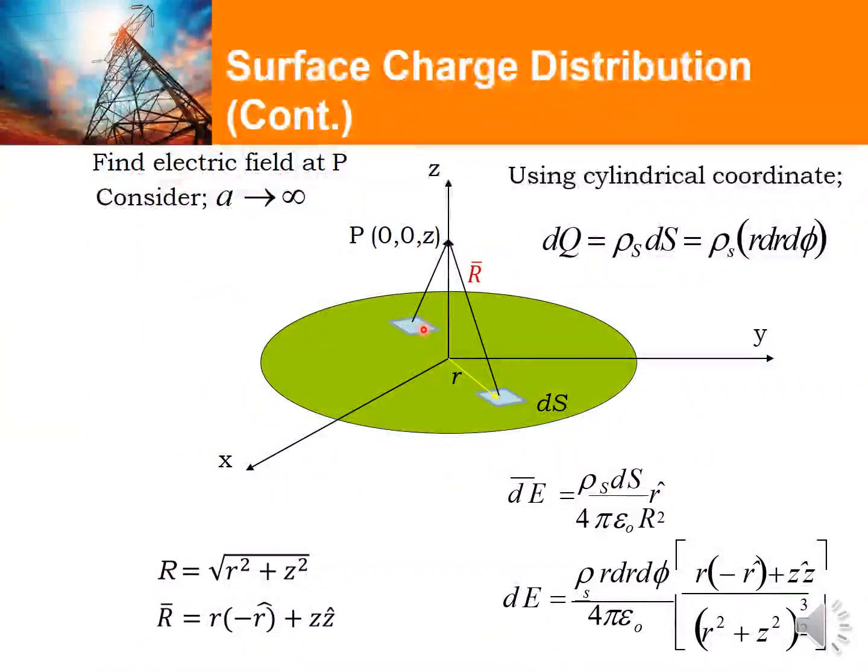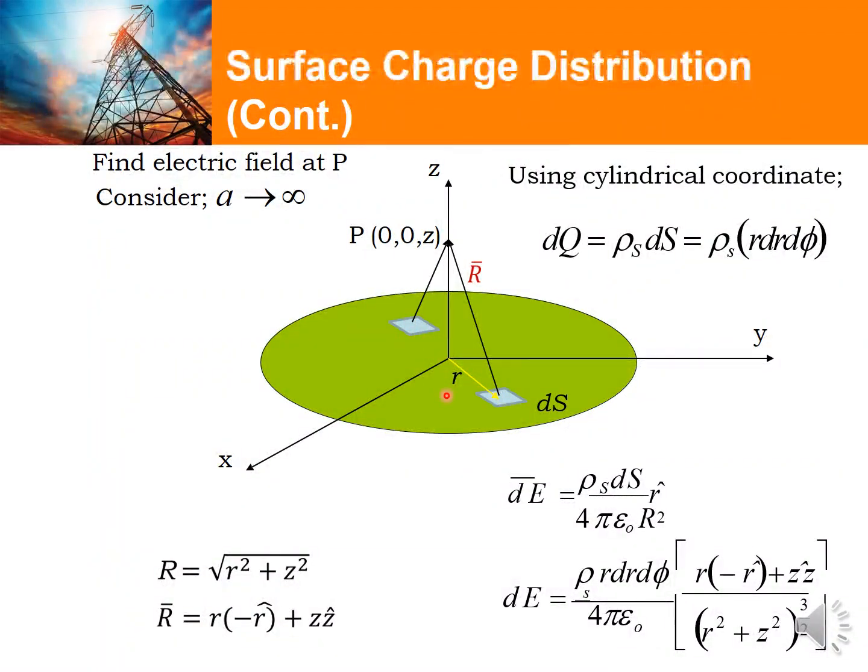What is the differential electric field due to dS over here? It would be similar to the calculated equations, with the exception that, if we look at the illustration, the R vector here is no longer in the negative r direction, but rather it would be in the r direction.